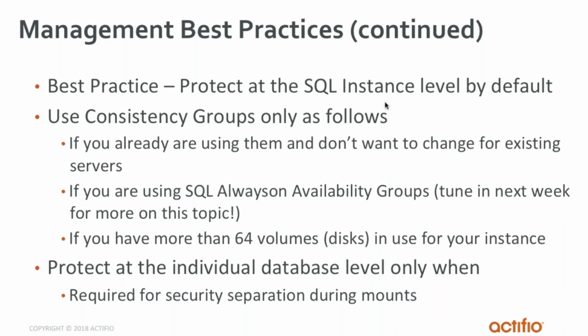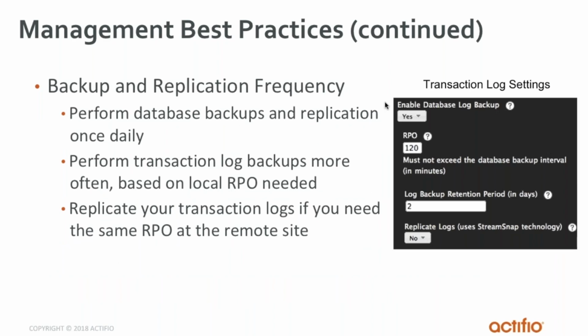You need to separate for security reasons a particular database that's sensitive, and you want to assign it a different organization membership, or you have a radically different SLA, backup schedule, recovery schedule, etc. I honestly don't see this being done very often. It's almost always consistency groups and instances. When people are backing up individual databases, it tends to be for testing purposes more than anything else.